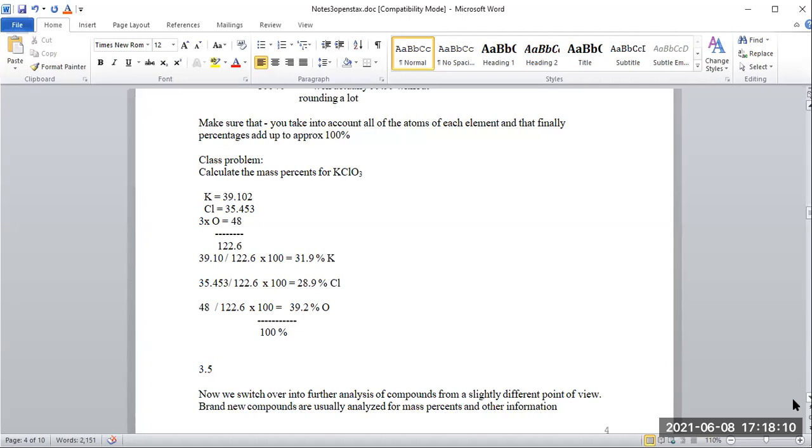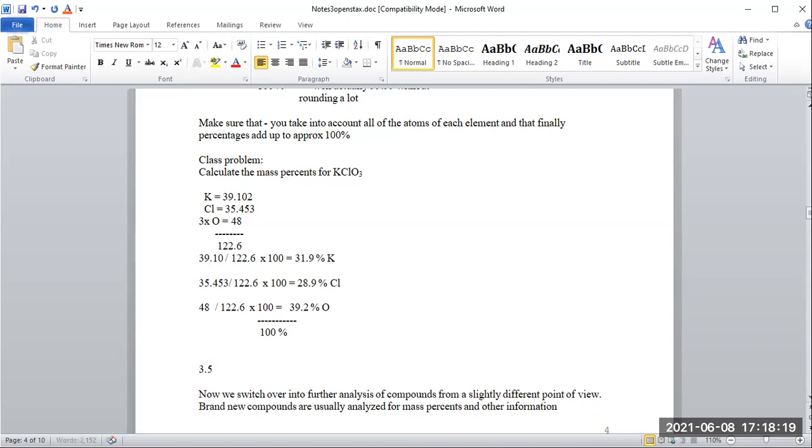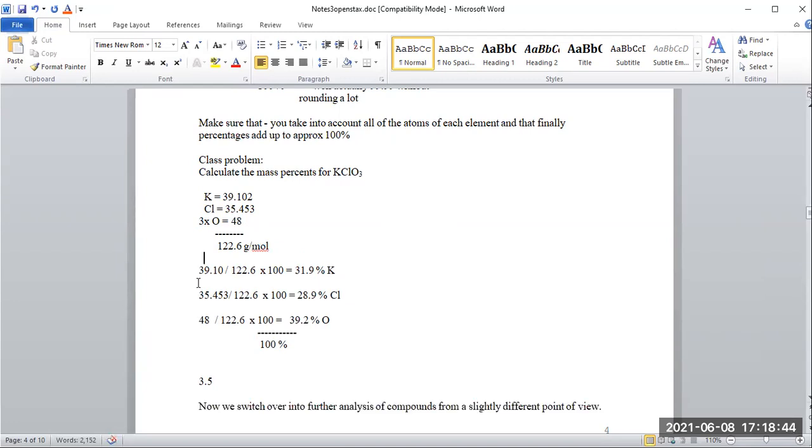My molar mass, and I'll go back here and put a unit in just to make sure. All right, so it's 122.6 grams per mole.